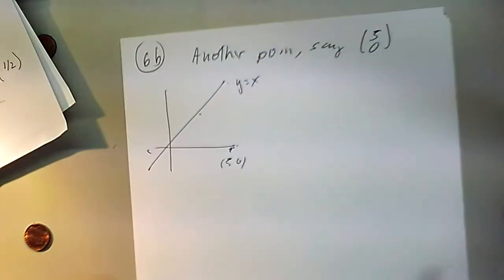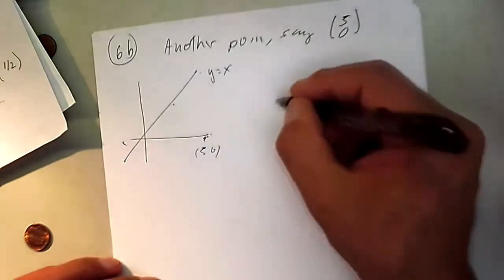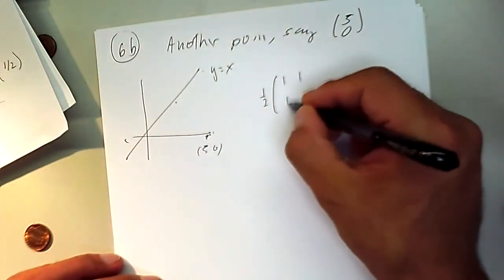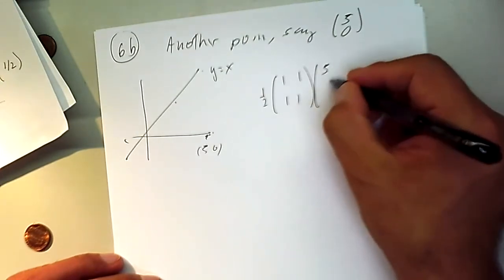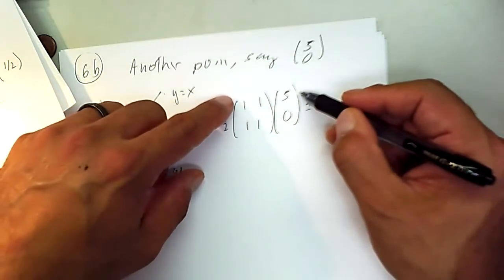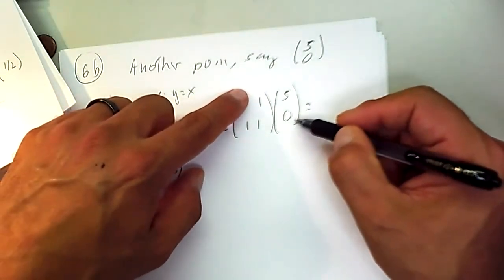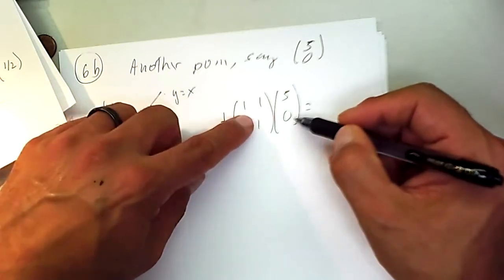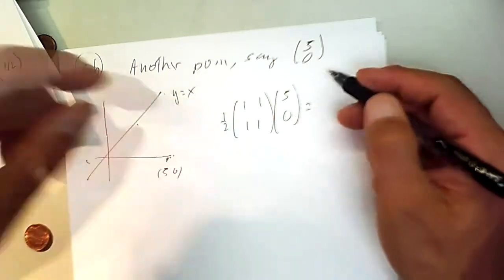No problem. We already have the matrix. The matrix is a half, 1, 1, 1, 1, multiplied with 5,0. So that is 5, 0. So that's 5, and then 5, 0, another 5. But then we gotta multiply by a half.